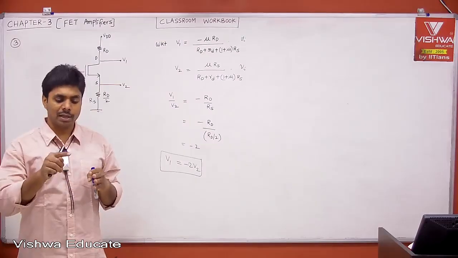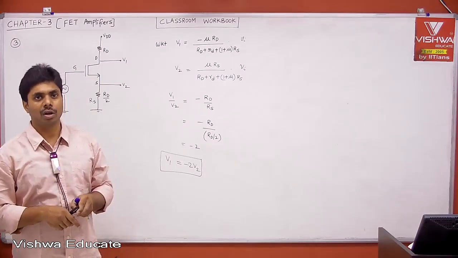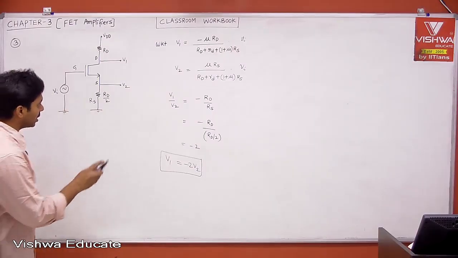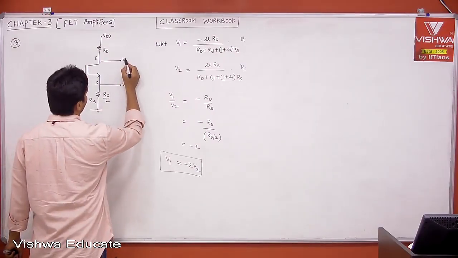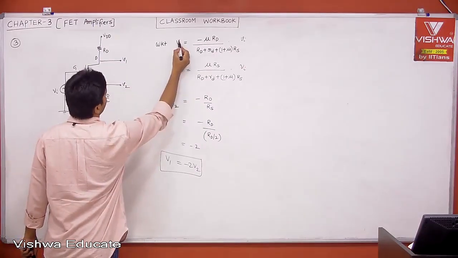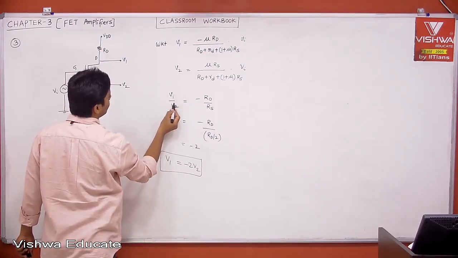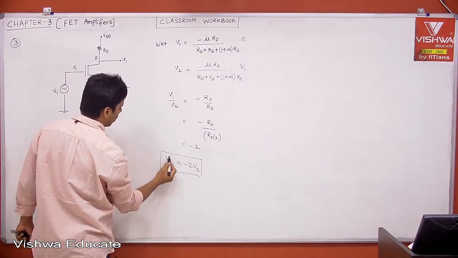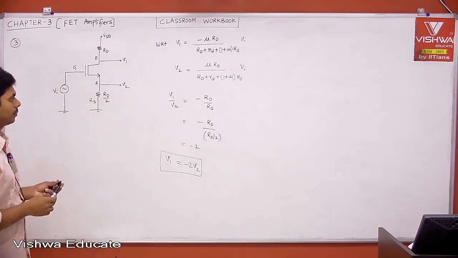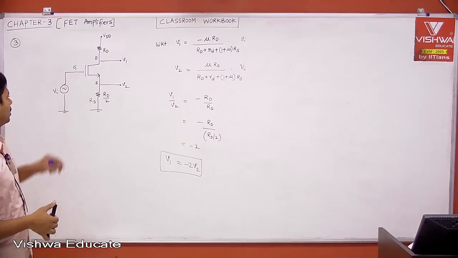Sometimes capital letter with small subscript is DC plus AC. But these are all AC. So with respect to our notation, small V1 divided by small V2, because this is small Vi.